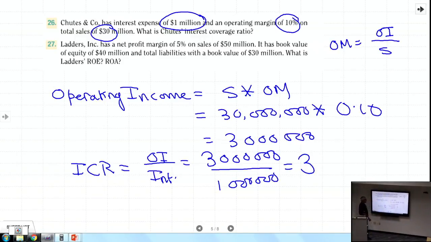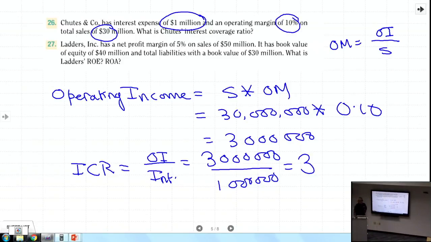It essentially tells us that we have 3 times coverage to meet our interest obligations. Because interest, as you recall, will be paid from our operating income. Whatever we have left in operating income, we will use to pay the interest payment. And right now we have 3 times coverage in our operating income to meet our interest obligations.